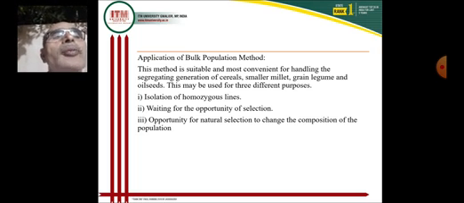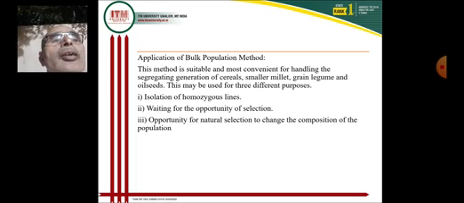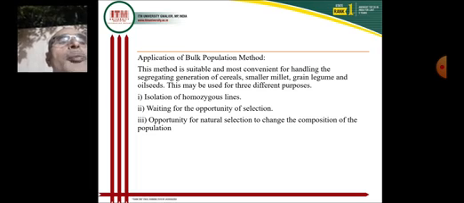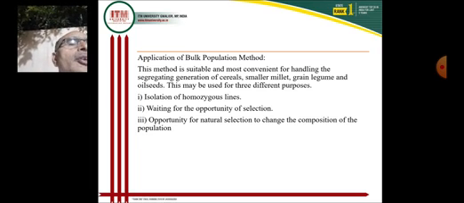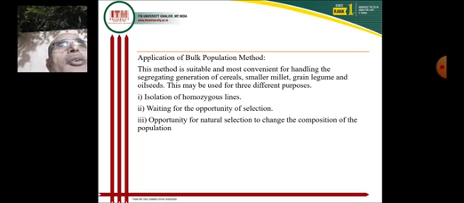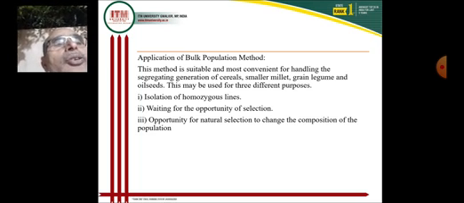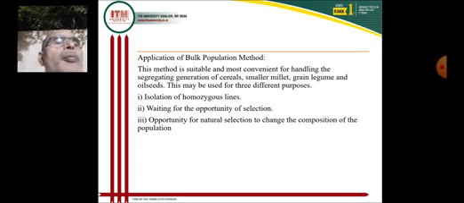So when the epidemic form occurs, the disease resistant lines can be selected at that time. Third, opportunity for natural selection to change the composition of population. So by natural selection, the composition of population can be changed, because by natural selection those plants can survive which are resistant to the disease.